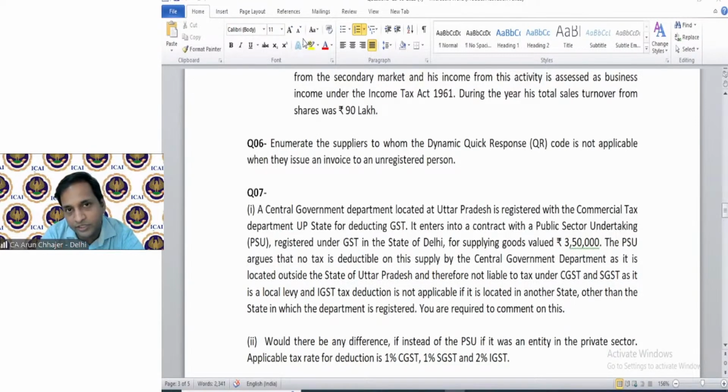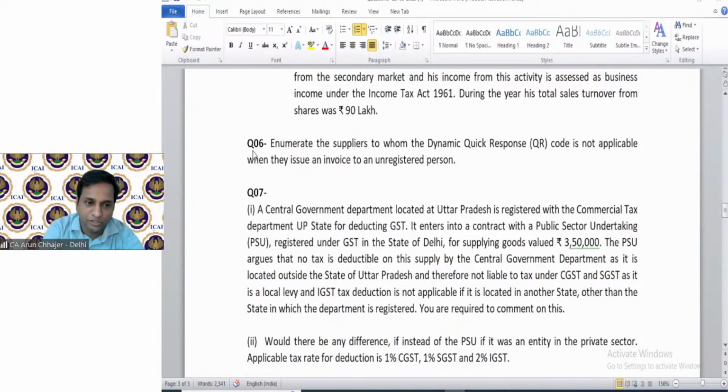OIDAR, online information database access retrieval services, and in case of export, it is not applicable. So these are the businesses on which it is not applicable. Correct. So insurance, banking company, financial institution, GTA, passenger transportation service, OIDAR, multiplex cinema is also being covered.